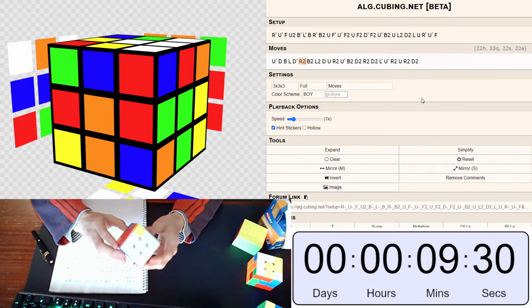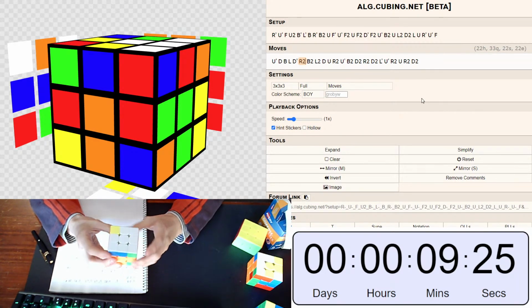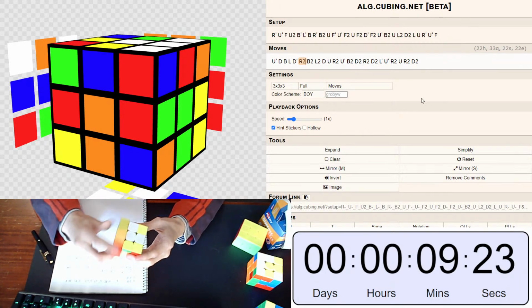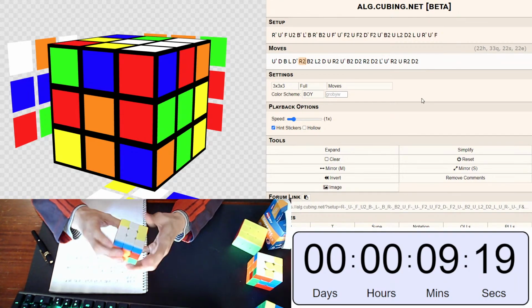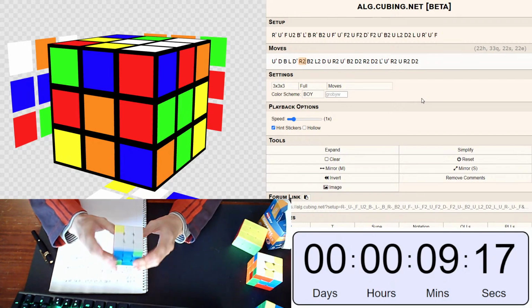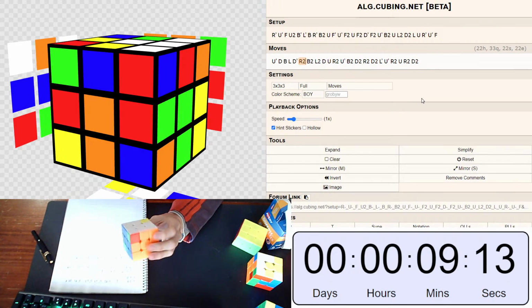Something ending in B2. Can I do something ending in B2? No, that gives me 4 corners. Well, it starts with R2.